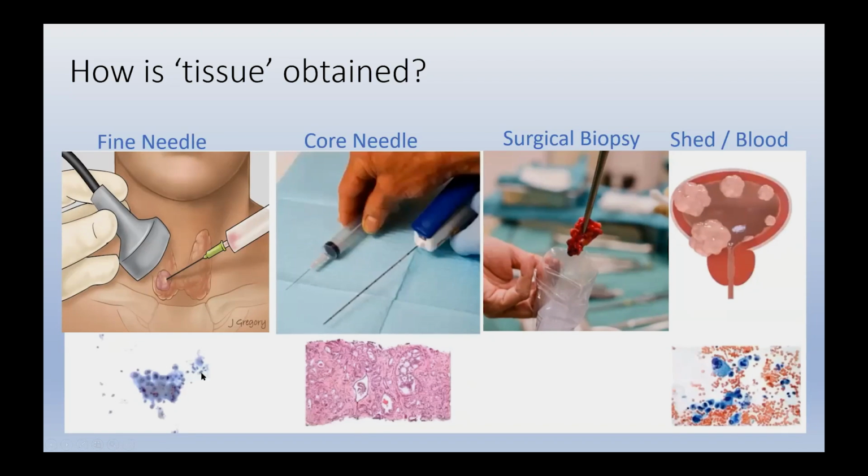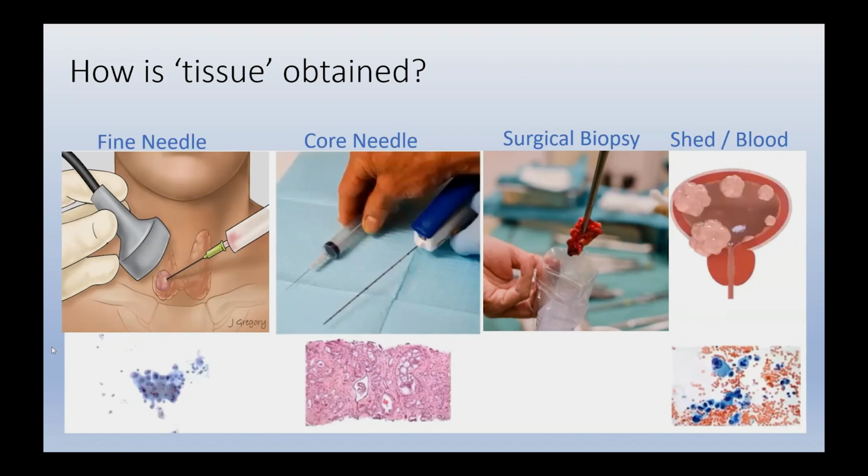It can sometimes be called a scanty specimen, a very small amount of cells, but often cancer can be diagnosed this way, but sometimes it cannot. So fine needle aspiration is the least invasive and uses a very small needle. It's a very important modality that we have, though, to diagnose cancer.